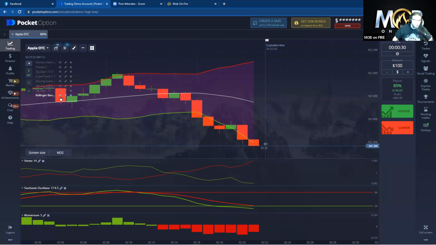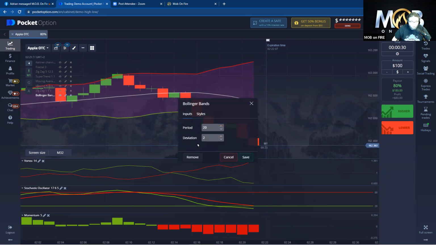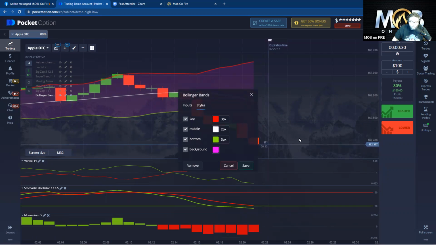And on your Bollinger Band, you're going to set your period to 20 and the deviation to 2. And then, I like keeping things pretty consistent on my chart. So red to me means sell, green to me means buy.